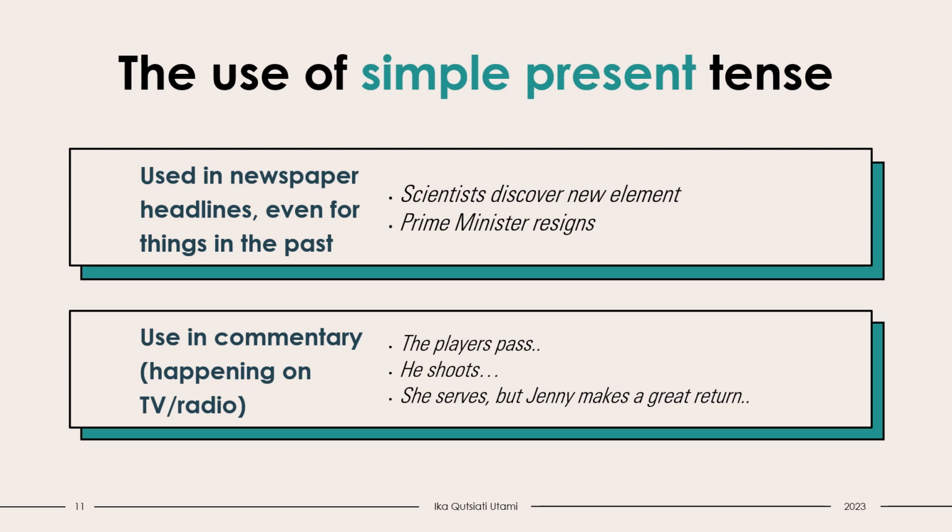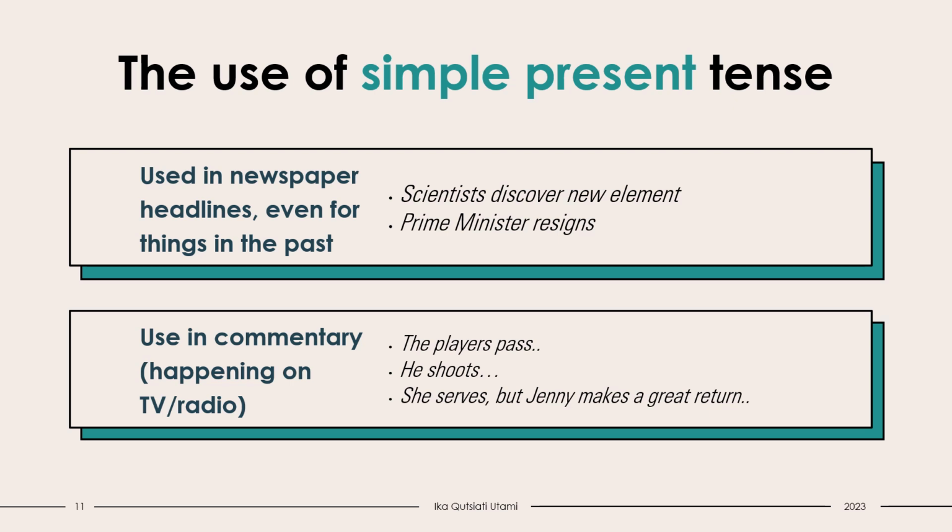Commentators use the present simple to talk about shorter actions which are happening at the moment. For example, he passes, he shoots, he hits the post, he serves, but Williams makes a great return. I know this might seem strange.